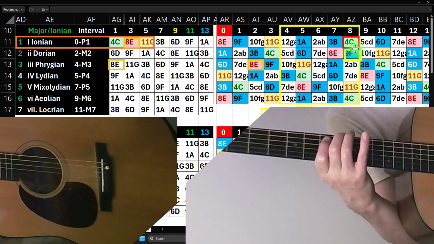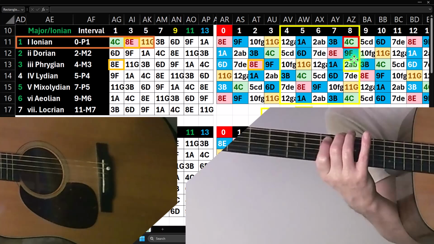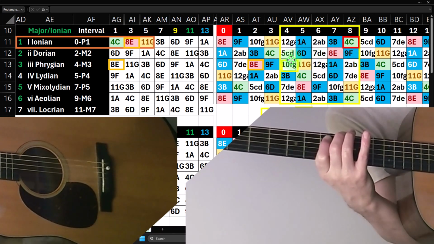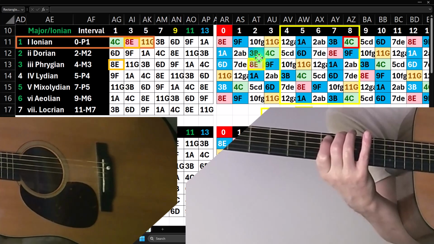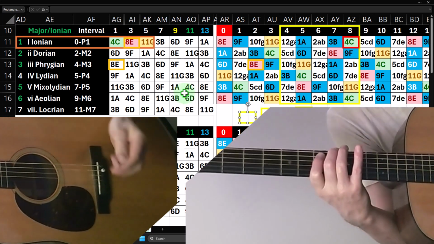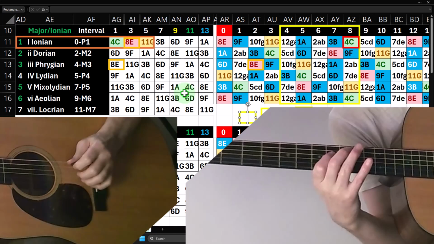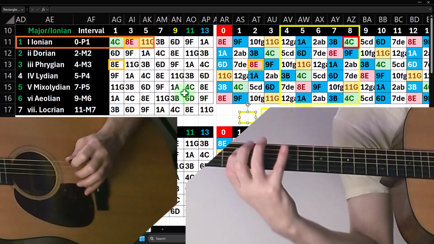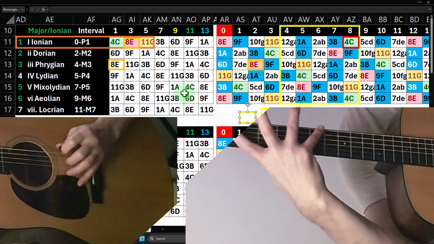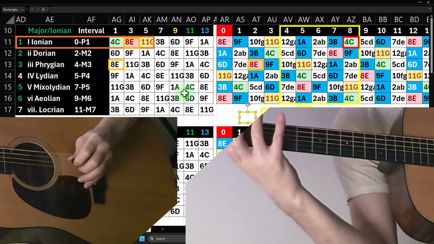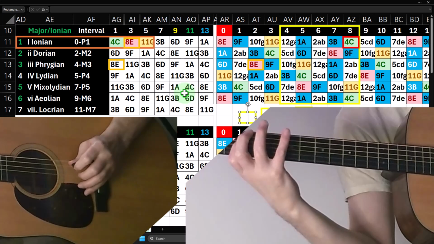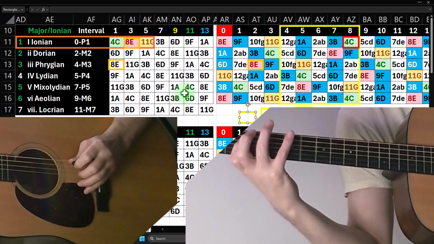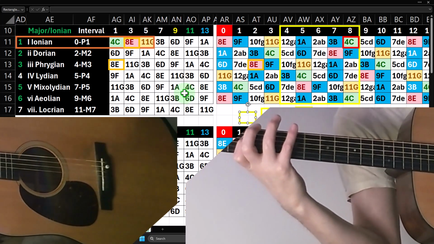If I count that out, it's going to be 5, 10, 9, 8, 7, 6, 5, 4. So way over there. Can't really reach that. That's the one that's kind of out of reach because generally we can really reach 5 frets.